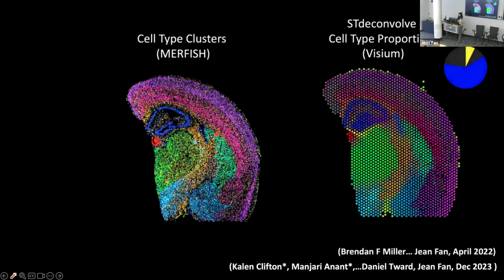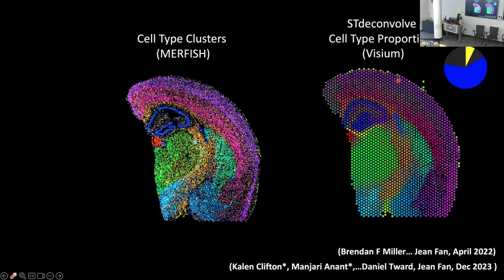And of course, we don't have to limit ourselves to just the molecular information itself. We can perform single cell clustering on the MERFISH and identify our transcriptionally distinct cell types.